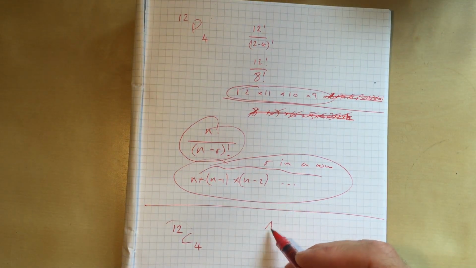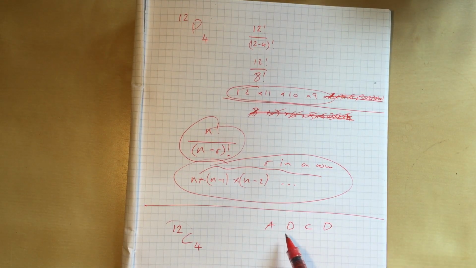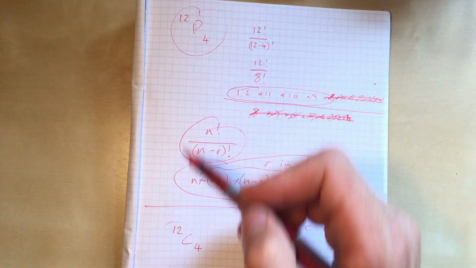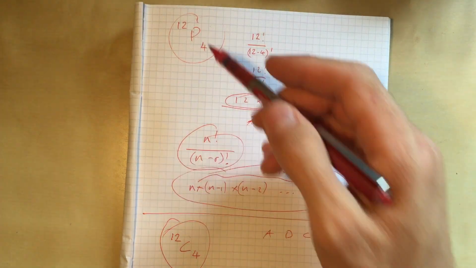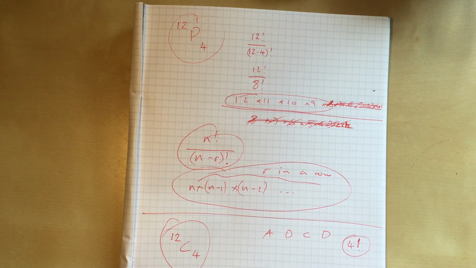If you imagine you've got A, B, C, and D, those are my people. I can put A, then B, then C, then D, or I could have put A, then B, then D, then C, or A, then C, then D. You know, it's all the different arrangements of that. Those 4 people can be arranged in 4 factorial different ways. So the difference between this number and this number is a factor of 4 factorial, okay?